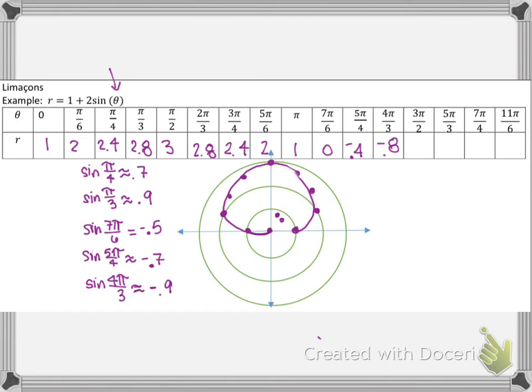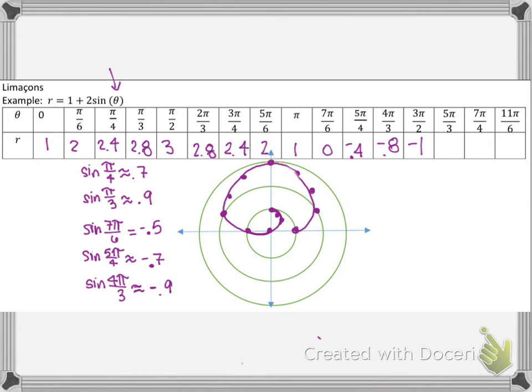Okay, sine of 3 pi over 2 is negative 1. Double it and add 1, so we're going to get negative 1. So I'm going down here, but then I'm going to rotate it 180 degrees and go the opposite direction. So we're getting this little inner loop.